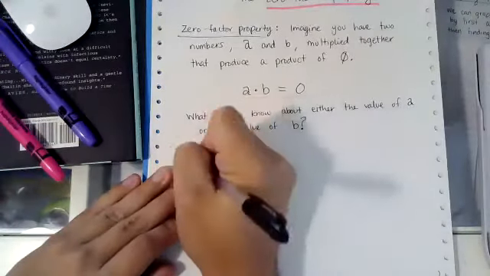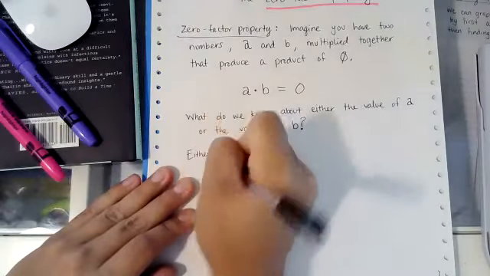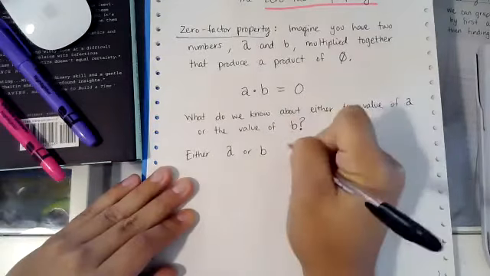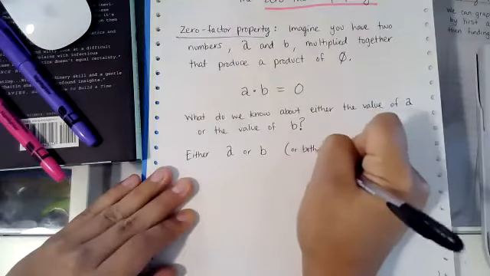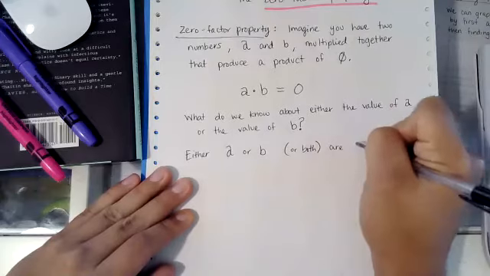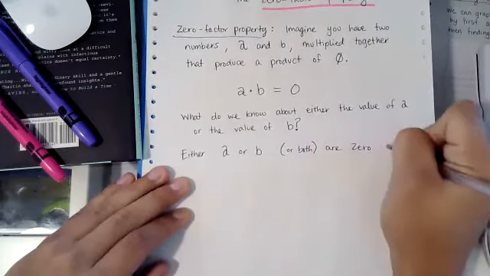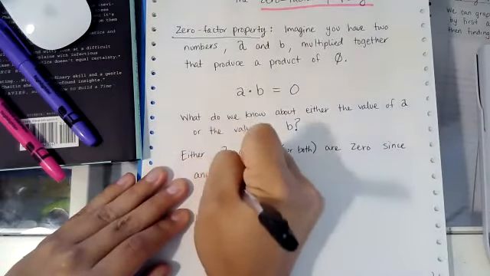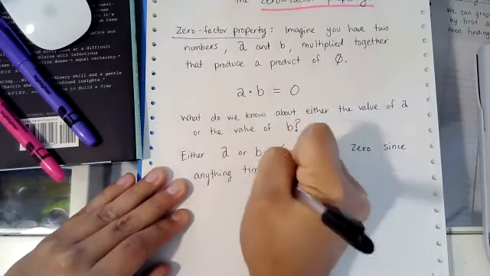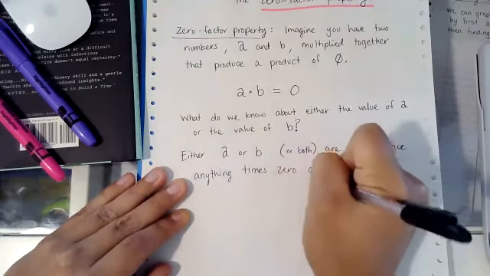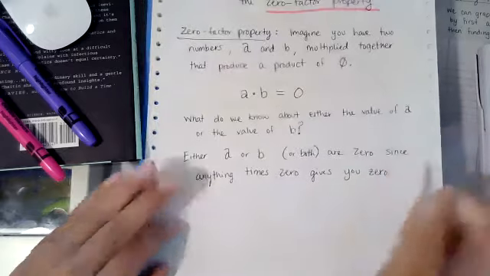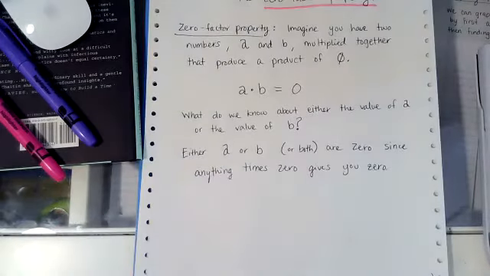Yes. So either A or B or both are 0, since anything times 0 gives you 0. Does that make sense? Does anybody have any questions about that?